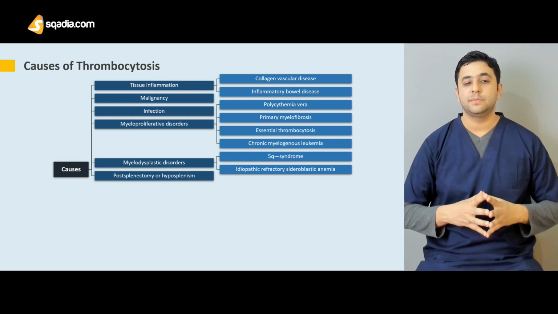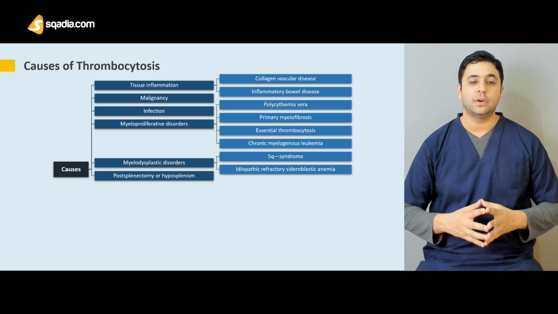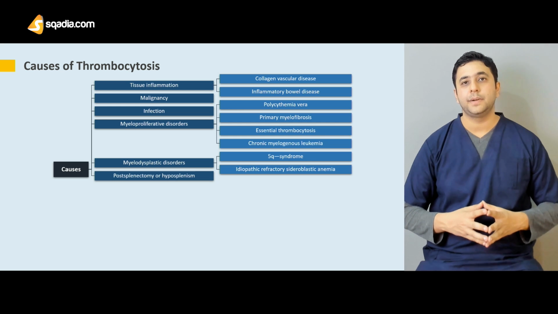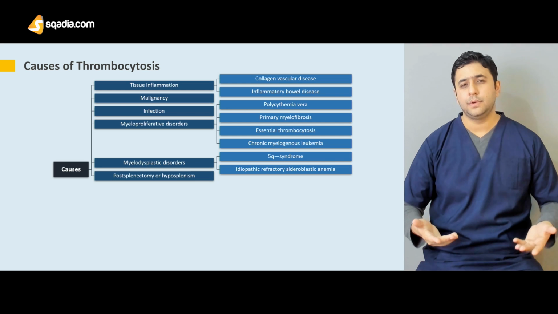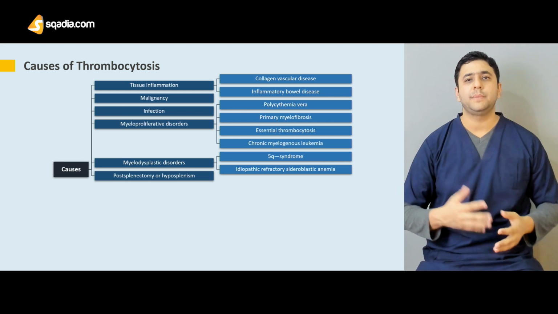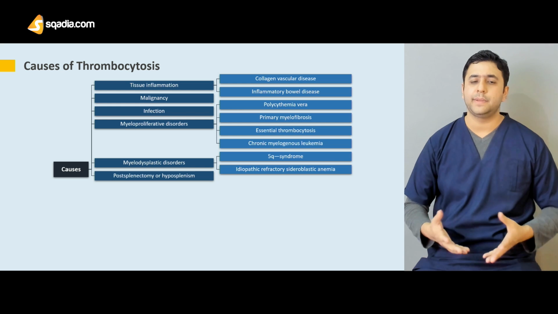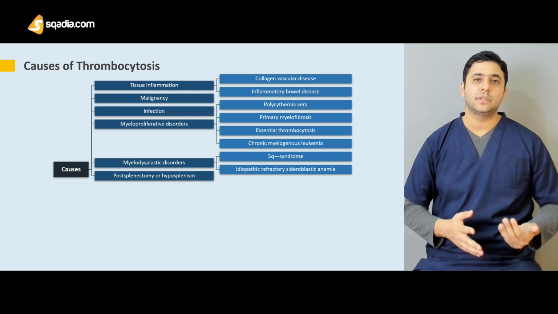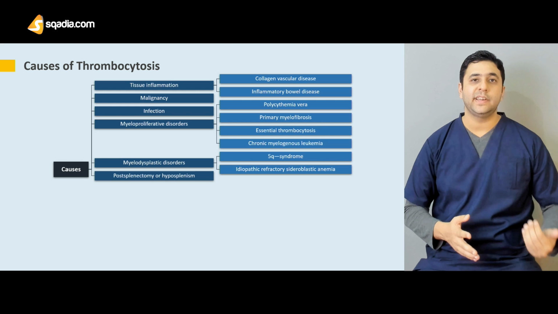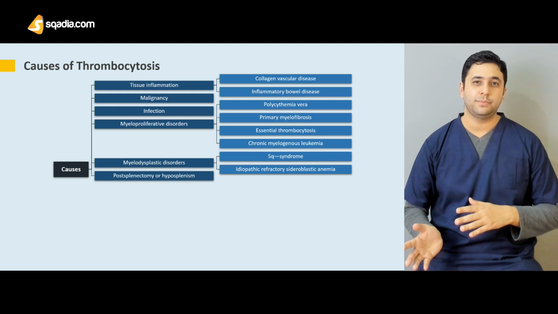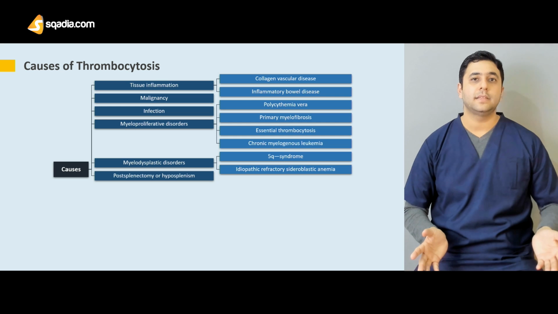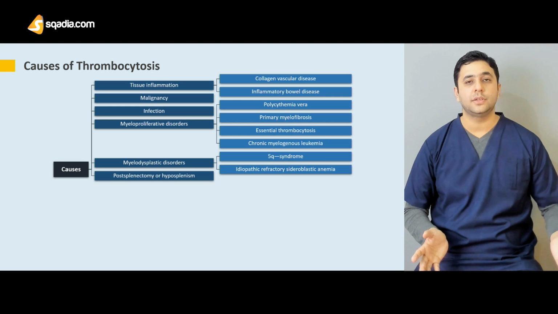So if someone has undergone splenectomy or whose spleen is non-functional, for example, due to any abnormality of the spleen such as a splenic rupture or hyposplenism, then after the removal of the spleen these patients can have an increase in the platelet count, because the storage pool which was stored in the spleen has been removed and is now present in the normal circulation.